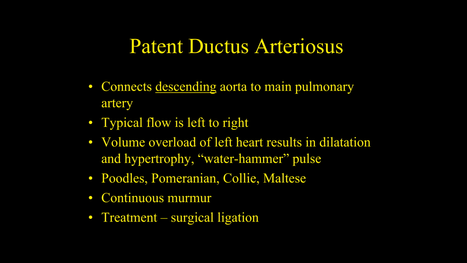Well, it goes immediately into the lungs and then returns from the lungs and gets dumped back into the left side of the heart. So because of that anatomy, we have a shunt of blood from the left side to the right side, but it never goes into the heart. It immediately goes back to the left side of the heart. So we have a left to right shunt of blood that results in a volume overload of the left heart.